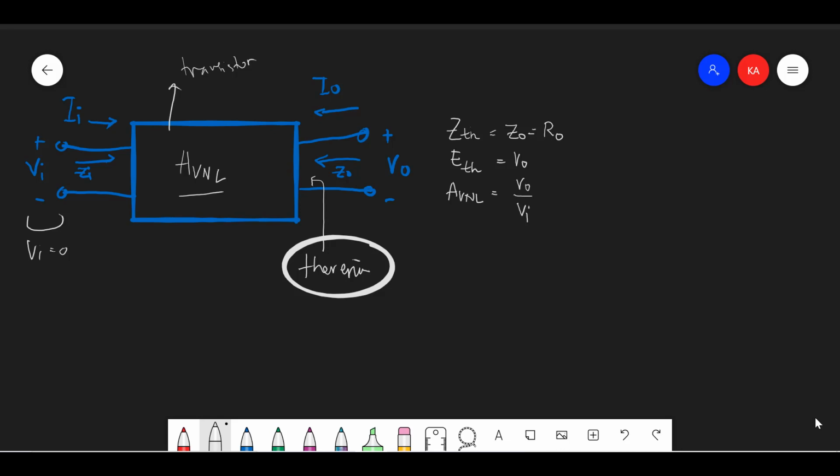So VO is equal to AVNL dot VI. So E Thevenin, because Vi is not 0 here, is AVNL dot VI, where AVNL is the voltage gain no load, as I said before, because we didn't connect a load to this transistor.